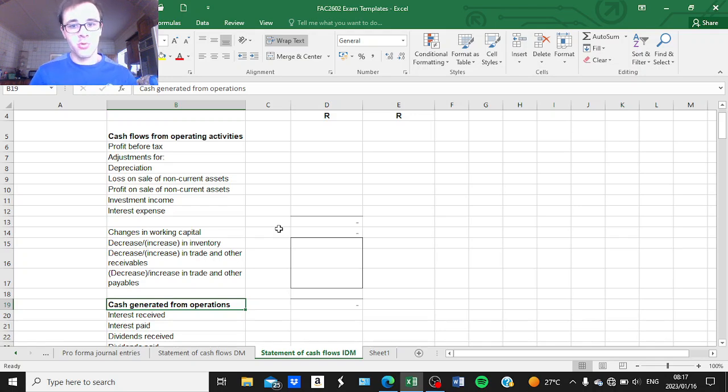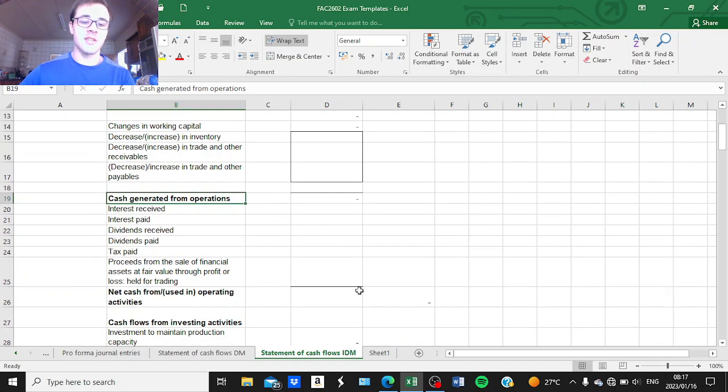And you will find such a question, I think it was in the October 2020 examination paper, where they didn't state in the required section what method you should use. The reason why they have not stated it is because you were not required to draft the operating activities section. The amount from operating activities was already provided under additional information. So please go have a look at that examination paper, specifically question 3.